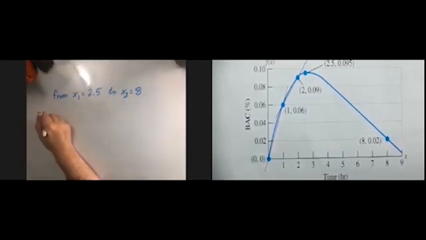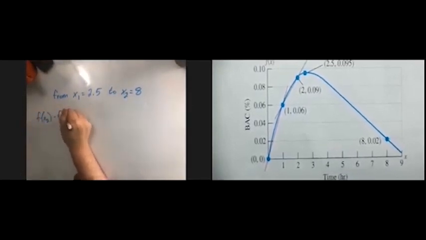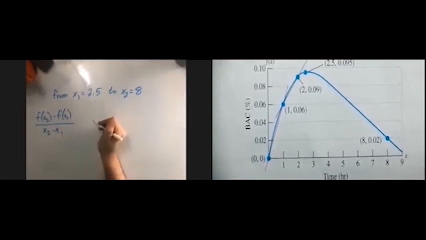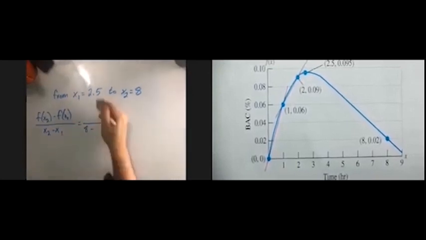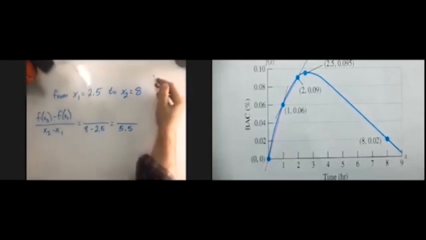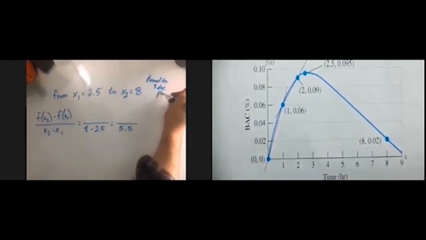We'll set up f of x2 minus f of x1 over x2 minus x1. x2 is 8. x1 is 2.5. That means here on the bottom we have 5.5. 8 minus 2.5. The directions on this one, by the way, say round to 3 decimal places. We might need that information since we're dividing by something that's not 1 this time.